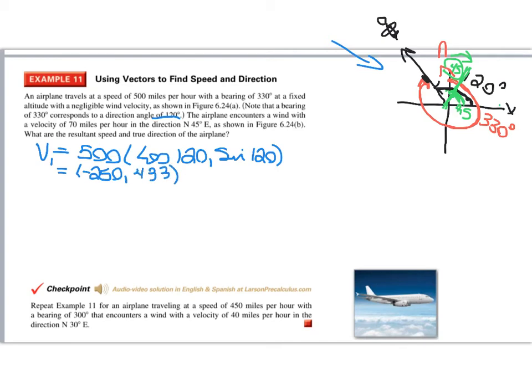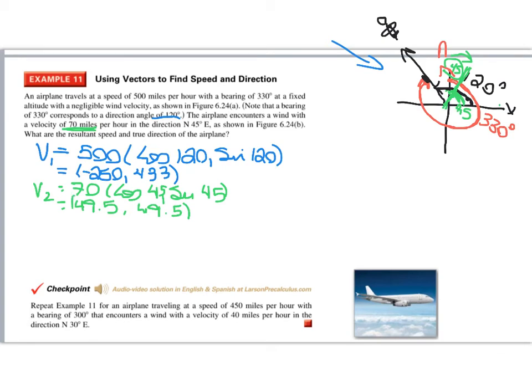Okay, now to do the wind one. Our next one is going to be 70, because it's 70 miles per hour, times the cosine of 45 and the sine of 45. And when we multiply that out, we get 49.5 and 49.5.